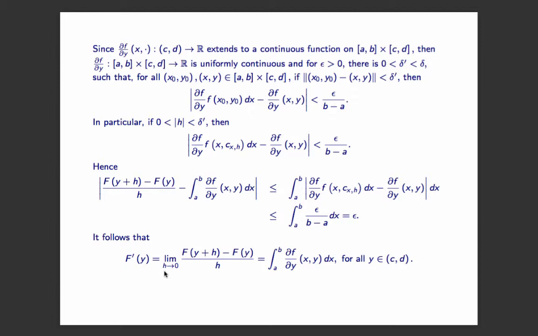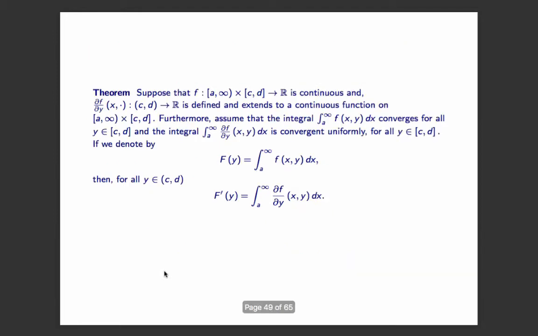Okay, now I really want to play with it, but before I can, we need to extend the idea to infinity, and we can. It's a very similar theorem, except that now b has become infinite. So suppose f is defined on the infinite half strip, a to infinity by c to d. It's real valued and continuous. And the partial derivative for each x in my half strip is continuous on the half strip.